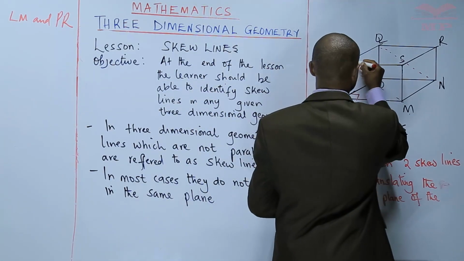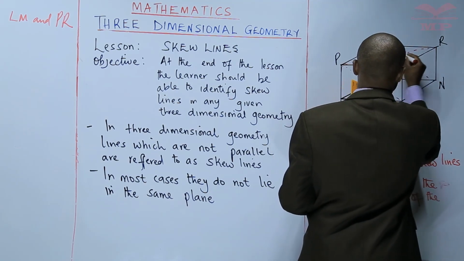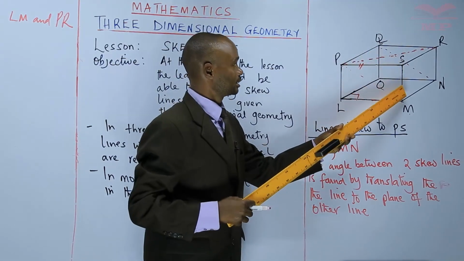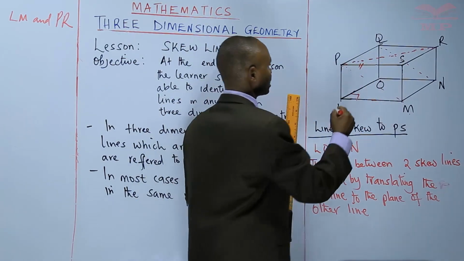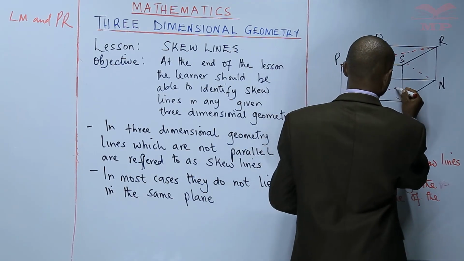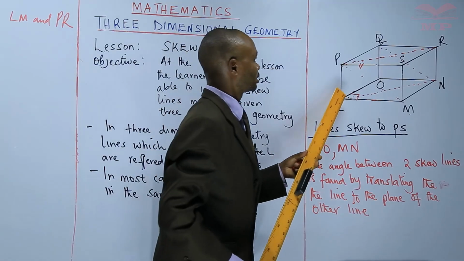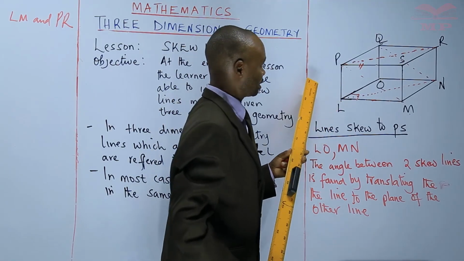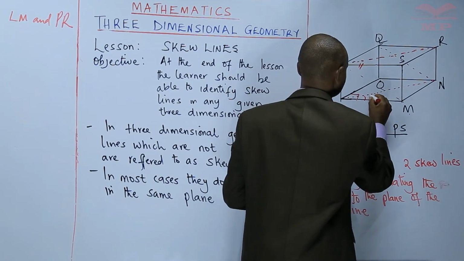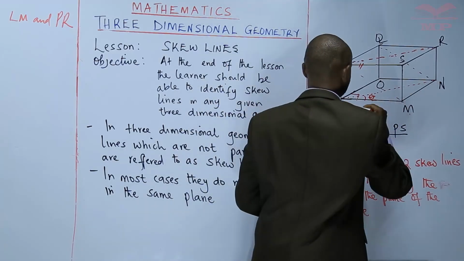This is the PR in question. What will you do? You'll translate that PR to the plane belonging to the other line. After translating PR, you'll get this angle. That angle is actually angle NLM.